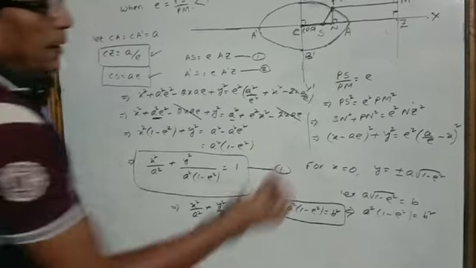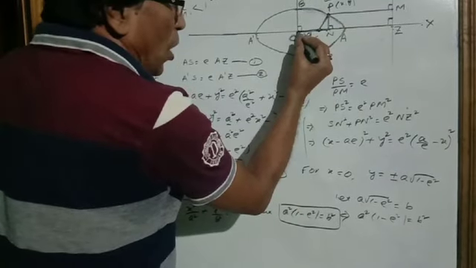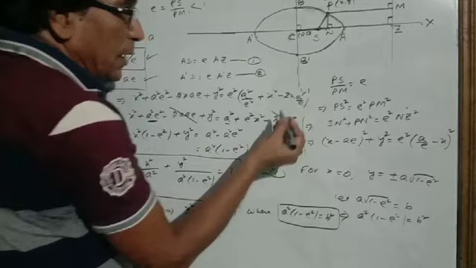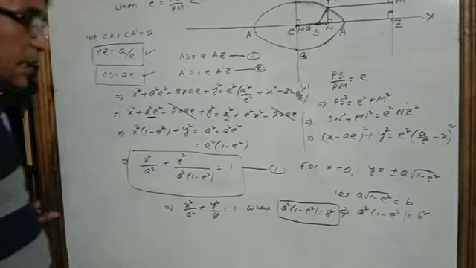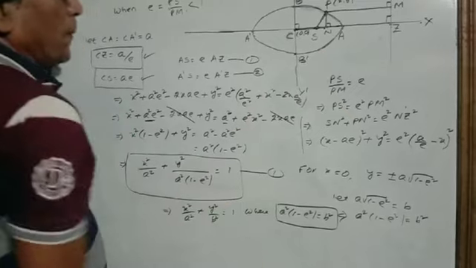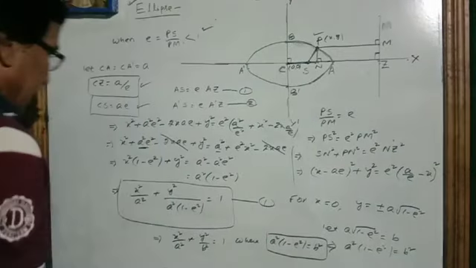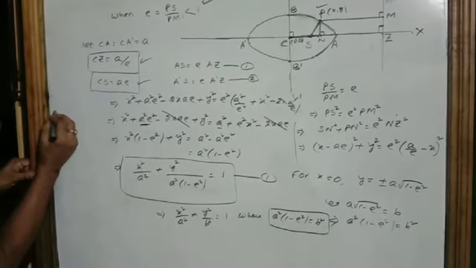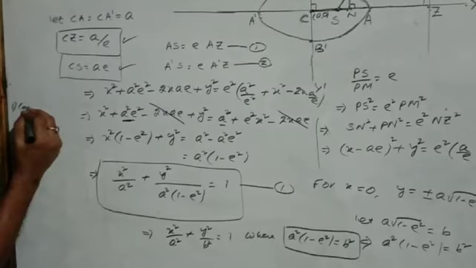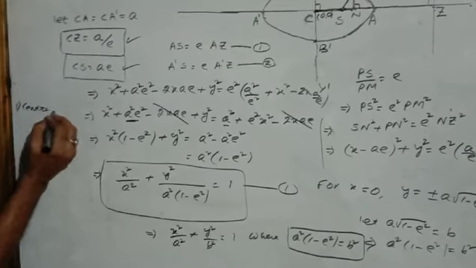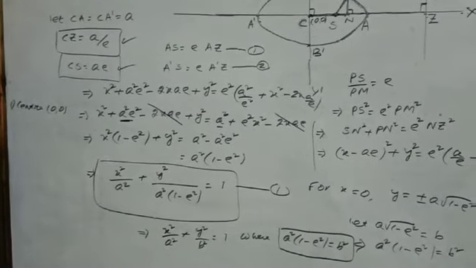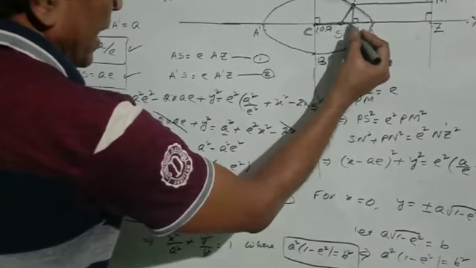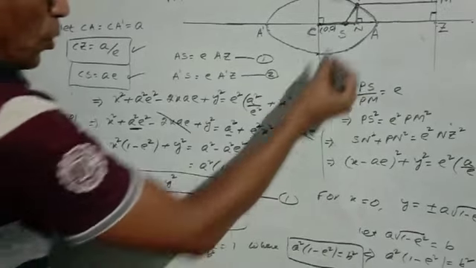Now here you see that this point C is called the center of the ellipse, that is 0, 0. And here S is the focus.